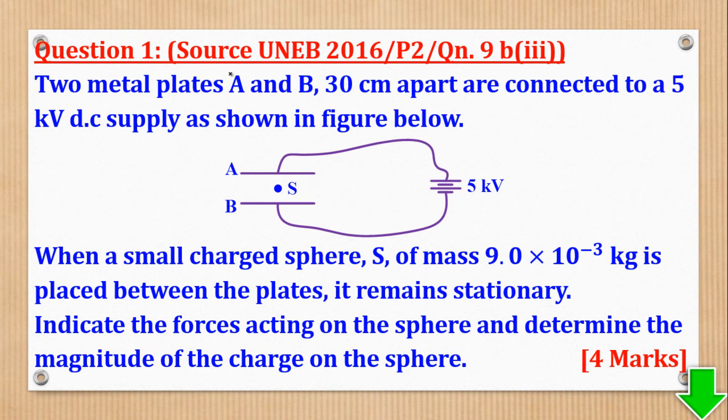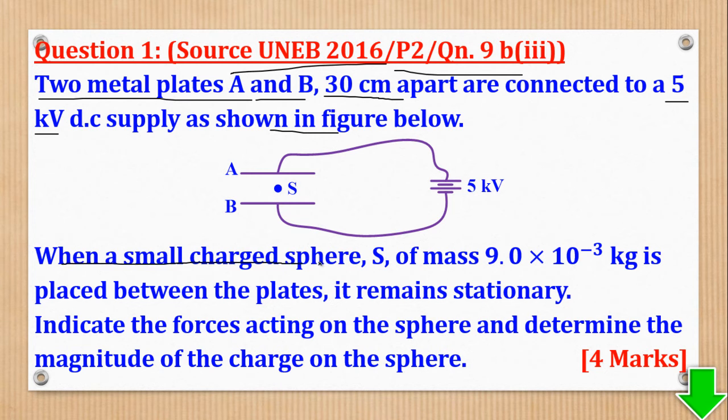So question 1 came from UNEB 2016, paper 2, question 9b, Roman 3, and says, two metal plates A and B, 30 centimeters apart, are connected to a 5 kilovolt, note that word kilovolt, as shown below.